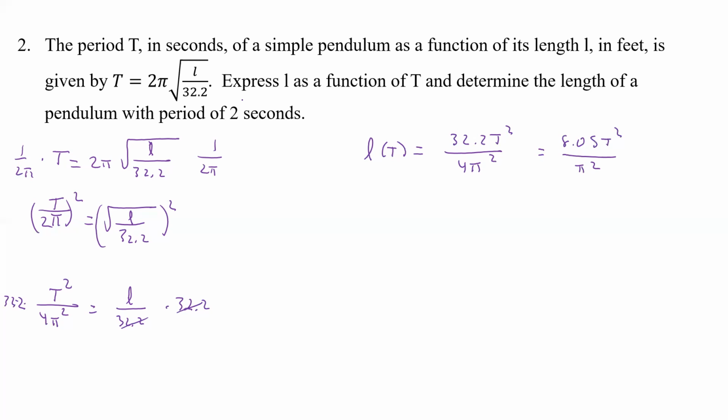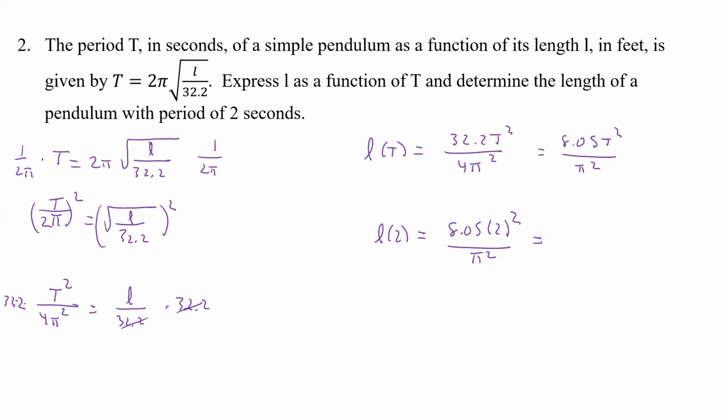Then they want it for a period of 2 seconds, so they want L of 2. If we do this one, it makes it a little simpler. We just take 8.05 times 2 squared over pi squared. If we had 2 squared here, the 4 and 4 cancel and we just have 32 divided by pi squared. Either way, we're going to get the same answer.